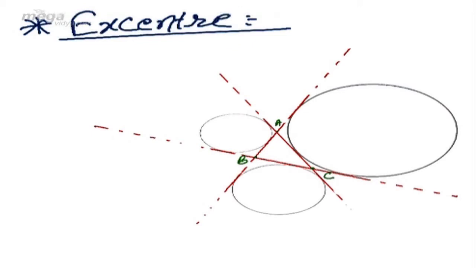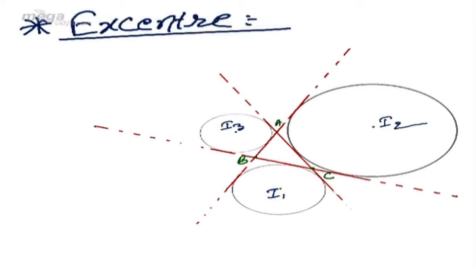First excircle, second excircle, this is the third excircle. Suppose this is the first center, this is second, and this is the third center. I am taking them as I1, I2 and I3.